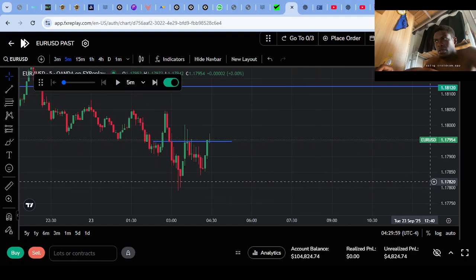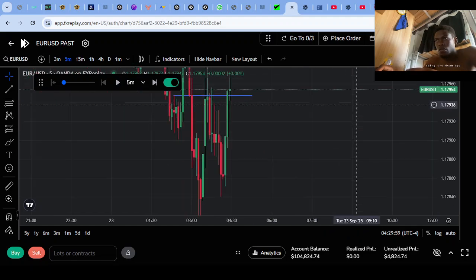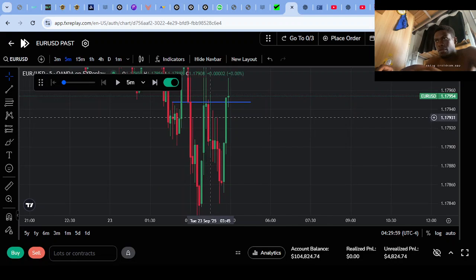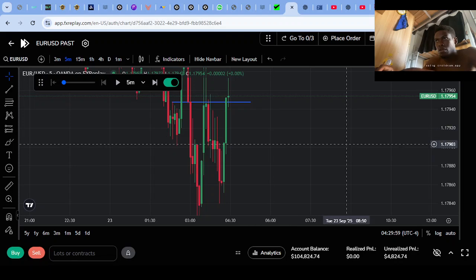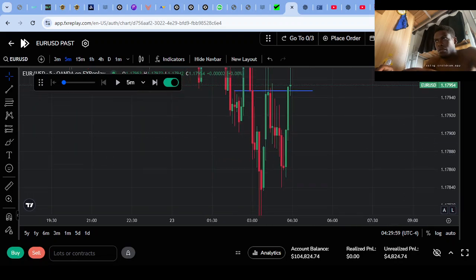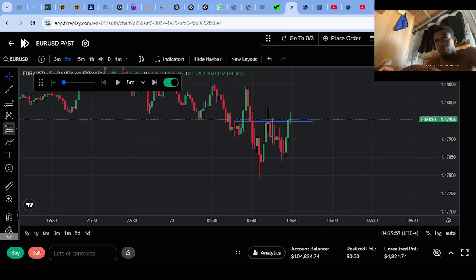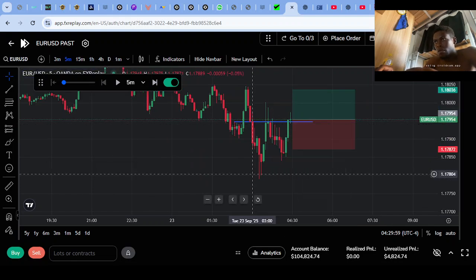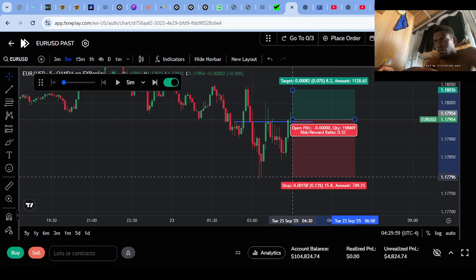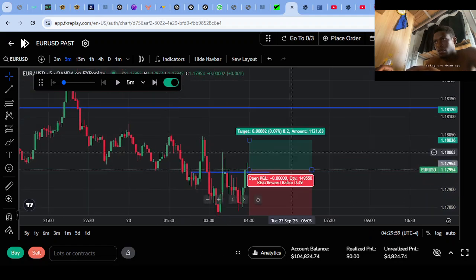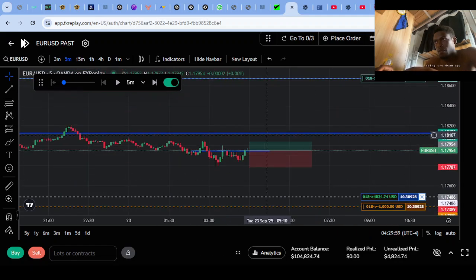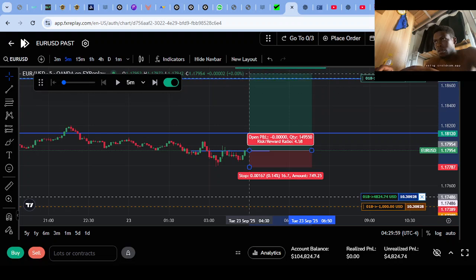So price went up, it broke this high here in the 5 minute, broke another high over here. So pretty much convenient to go in on a buy. Stop loss below here and targeting these highs that I talked about.